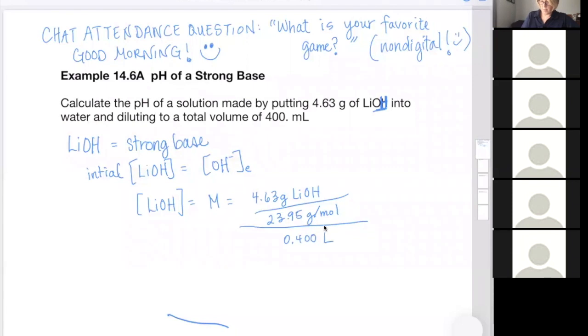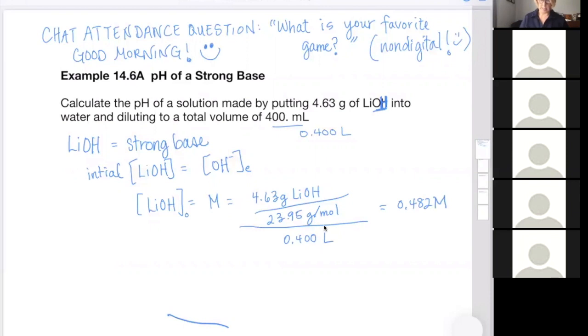Got to convert this to liters. And so you end up with 0.482 molar LiOH.